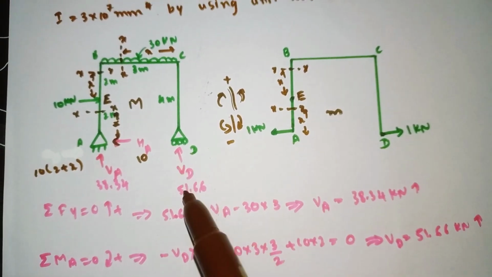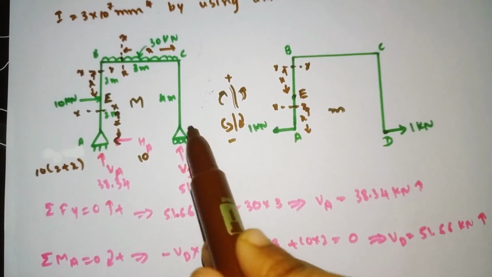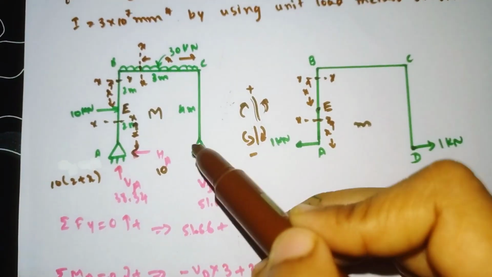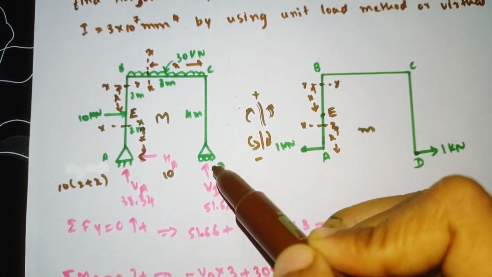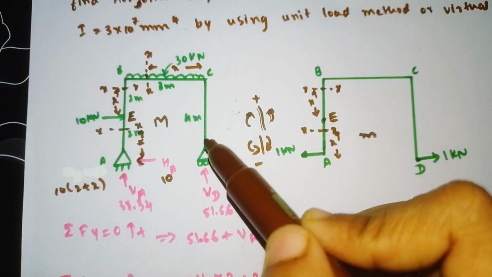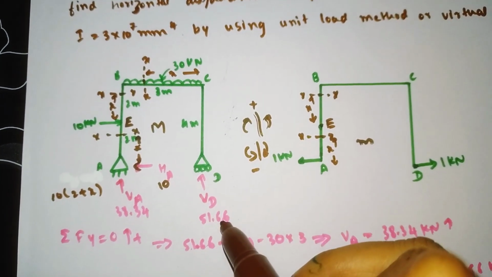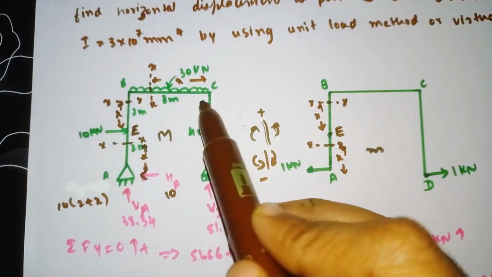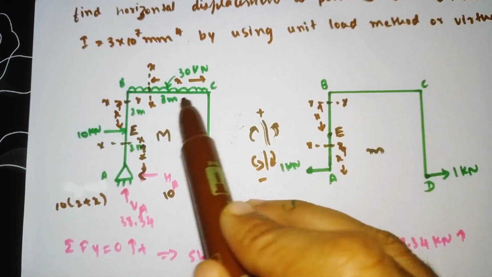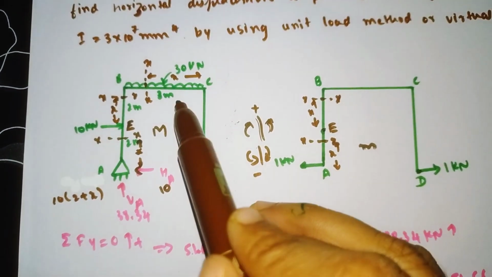So VD is moving upward. Upward means at what distance it is moving, we always need to see the perpendicular distance. Perpendicular distance means, for VD it is 51.66 into this distance, which is nothing but our x. So 51.66 into x.